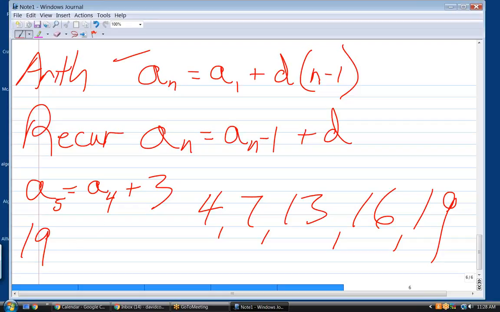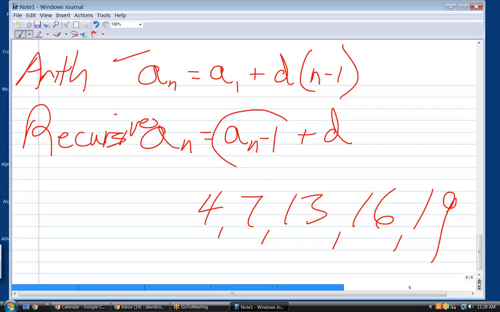Is that equal to 16 plus 3? Yes, it is. Why are you doing the 5th and 4th terms? Just to illustrate what the recursive thing means. In other words, you're only going to have a recursive formula if you know the second to last term. Well, I was working with the 5th term and the 4th term.